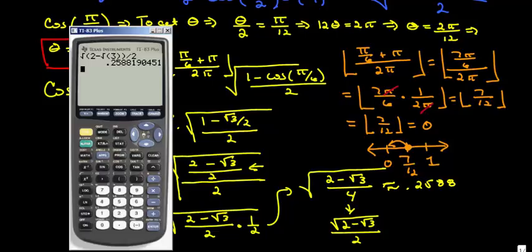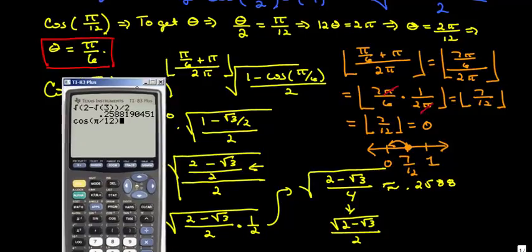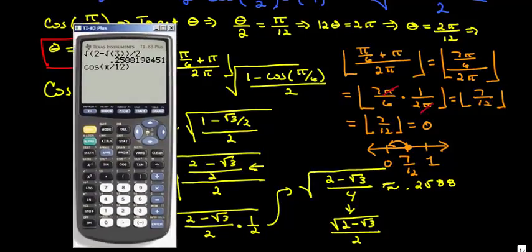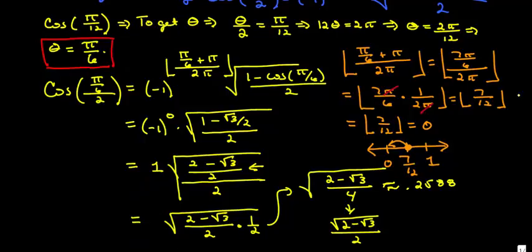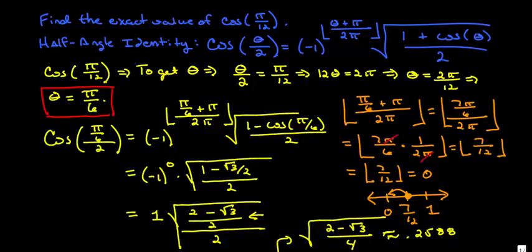So I was right the first time. And so now what we were looking for is the cosine at a very small angle like pi over 12. And I know that that's going to give me a value that's not equal to that. So we need to go back and see what got goofed up.